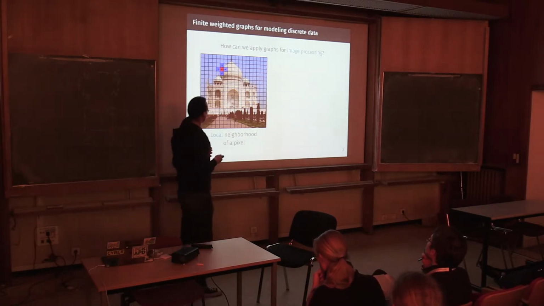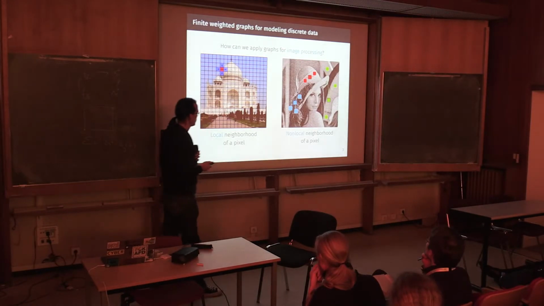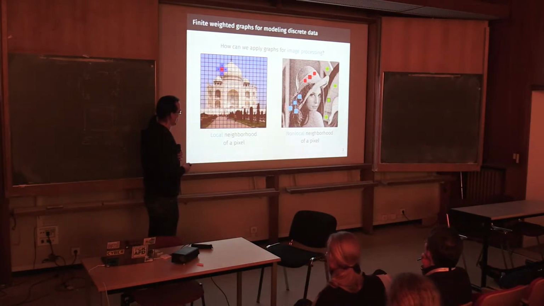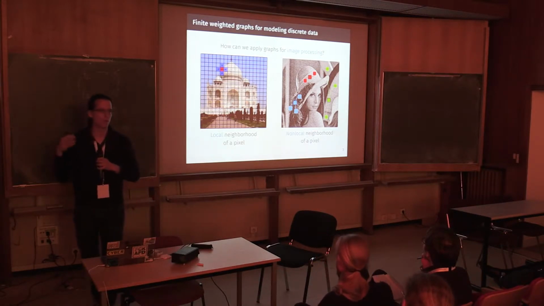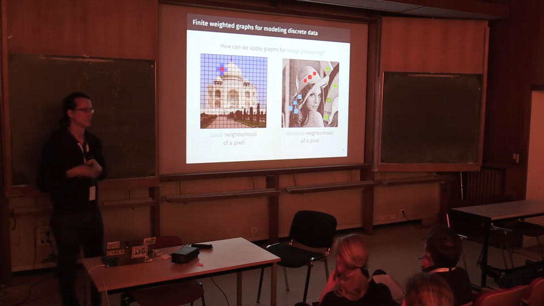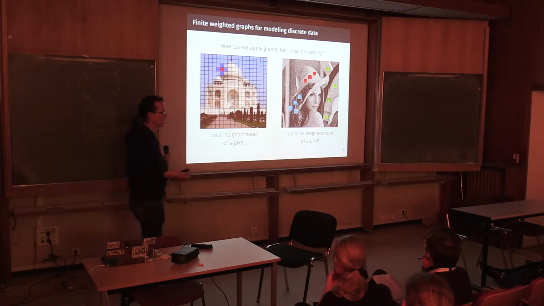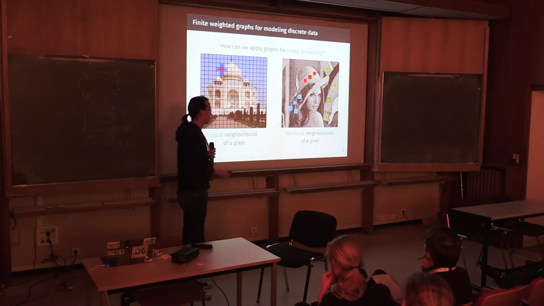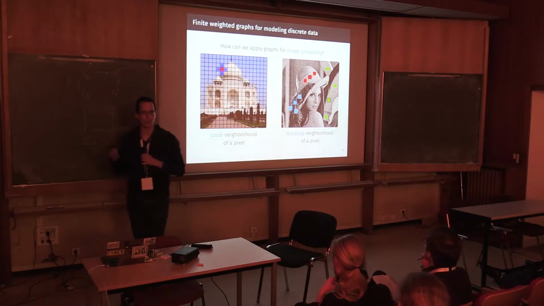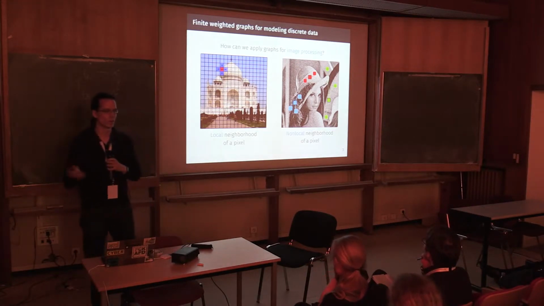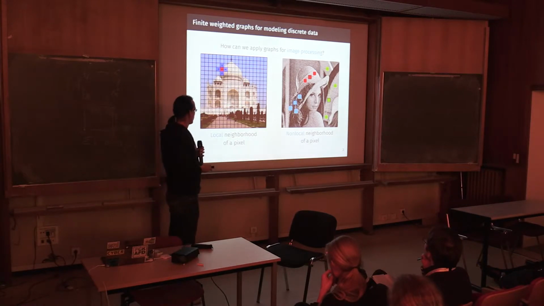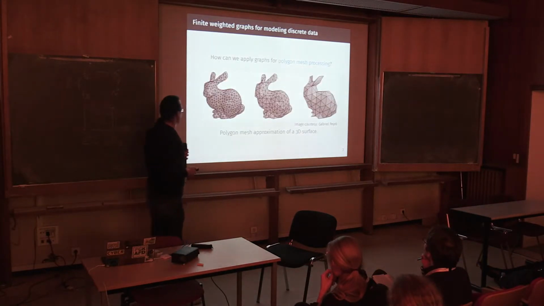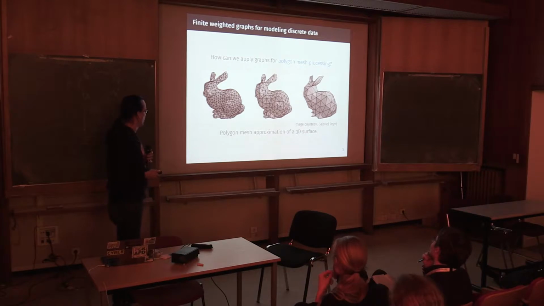But I could also compare patches, maybe the four green ones or the four blue ones, and then connect the most similar patches in an image. That's quite expensive to compute, but then I would have a non-local neighborhood of a pixel to similar pixels in the image, where similar structures occur around that pixel. Or I could model a surface and have data on the rabbit.